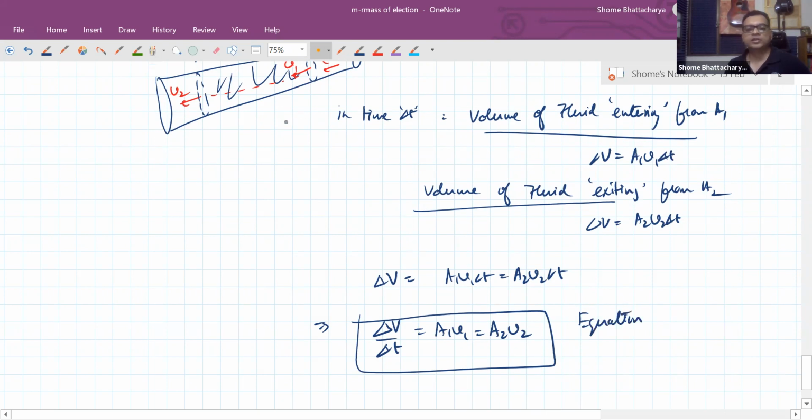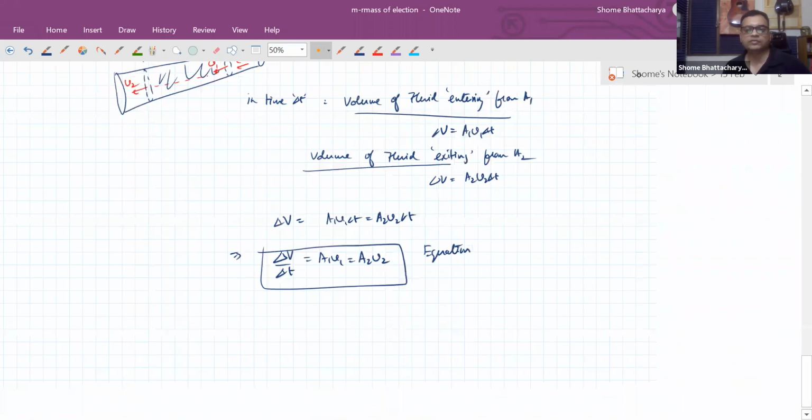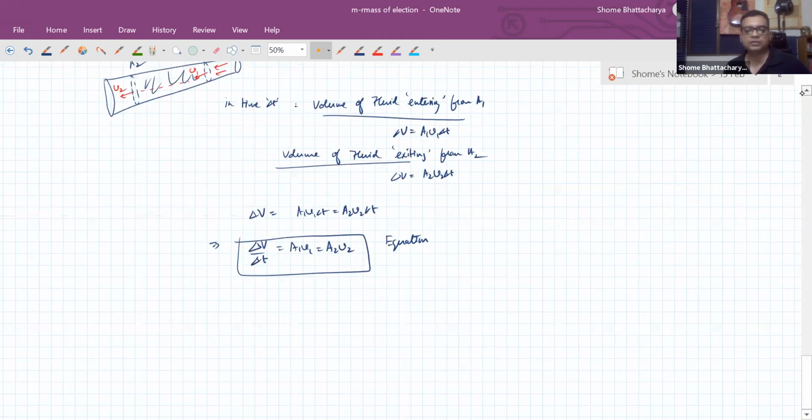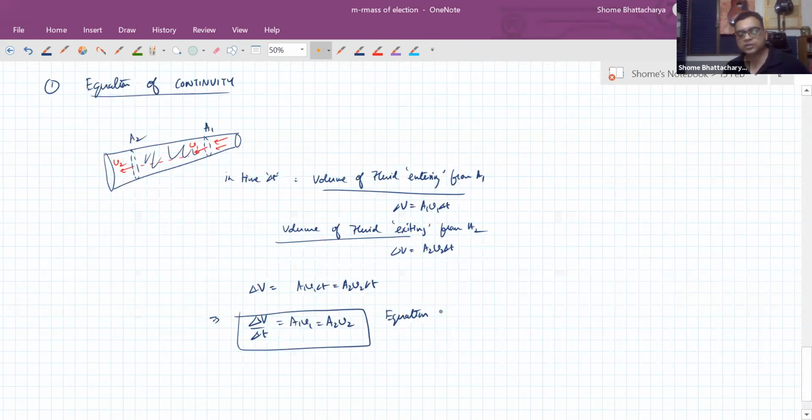If we compare any two points where the areas of cross section are A1 and A2 and the velocities of flow are V1 and V2, then the product of A1 into V1 must be equal to the product of A2 into V2. So this is called the equation of continuity.